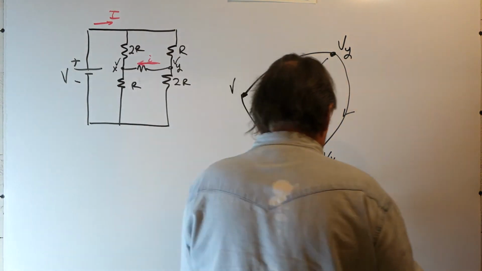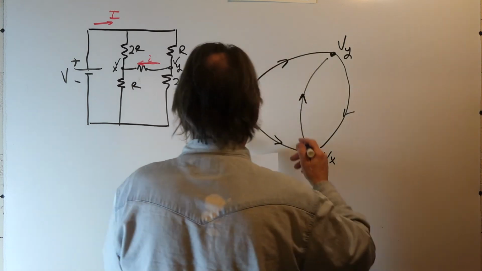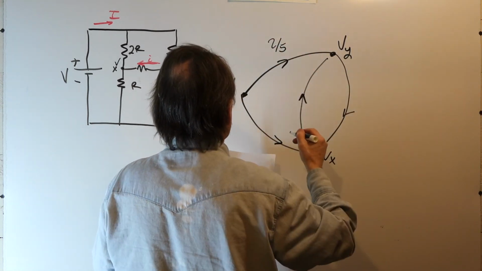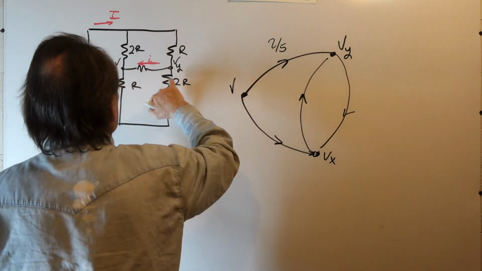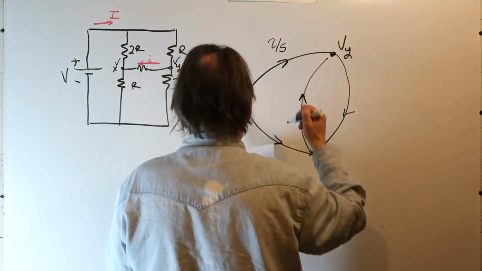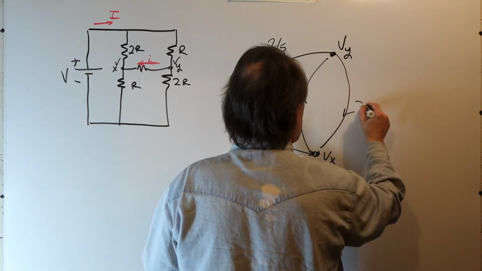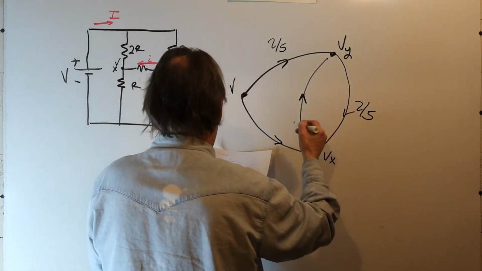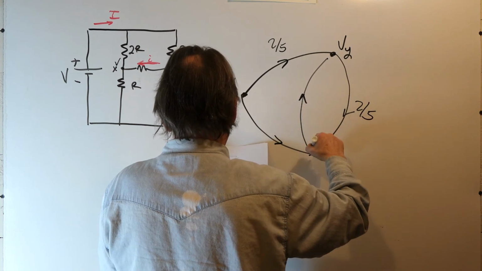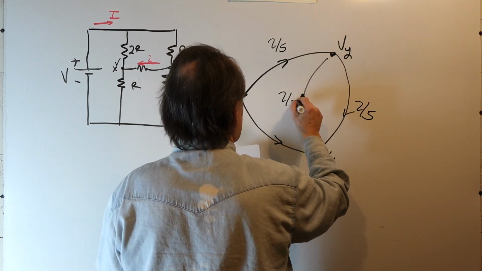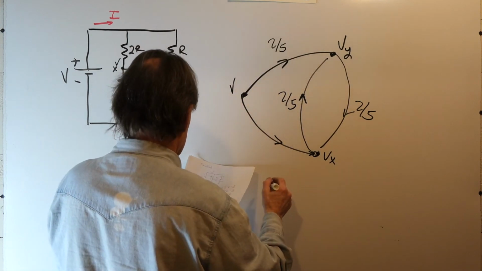I'm not going to go through the procedure here, but the voltage gains on these paths from V to Vy is 2/5, from V to Vx it's 1/5, from Vx to Vy it's 2/5, and from Vy to Vx it's 2/5.